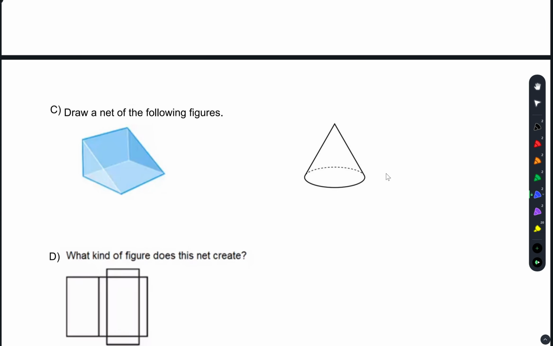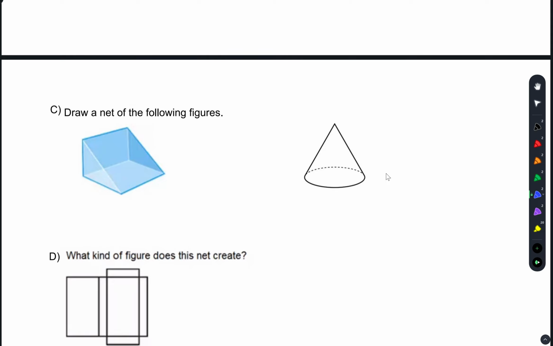Nets get a little bit tricky. It requires a little bit of imagination here. In letter C, we're going to draw the net of these figures. First of all, I have to know what kind of shape I'm looking at. This shape right here has rectangles and triangles. Faces, like side pieces, can only be rectangles. Bases can be whatever shape we want them to be.